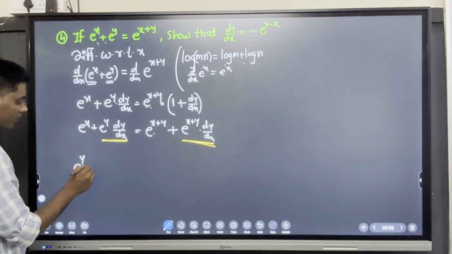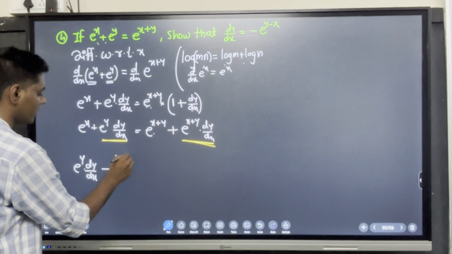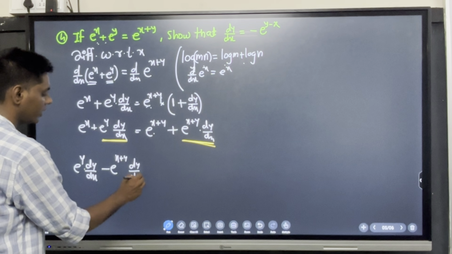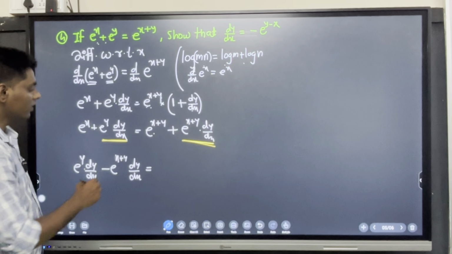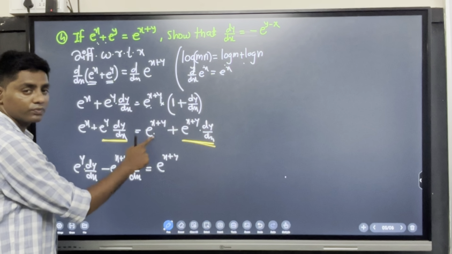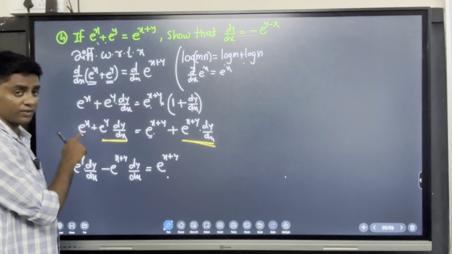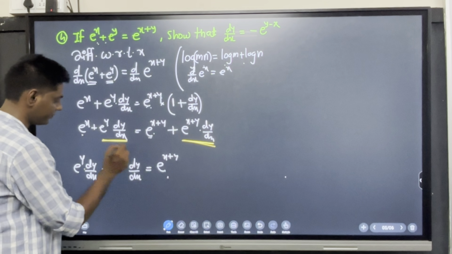So e raised to y dy by dx minus e raised to x plus y dy by dx equals, simple, next, the e raised to x plus y term as it is on the right hand side, and this term, that is without dy by dx, goes to the right hand side.